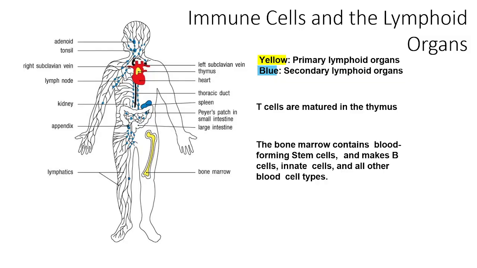And if we talk about the Peyer's patches, these are small masses of lymphatic tissue found in the ileum region of the small intestine. You know about the appendix, and the tonsils that are located in the throat and the nasal cavity. That is the first line of defense against inhaled or swallowed pathogens.